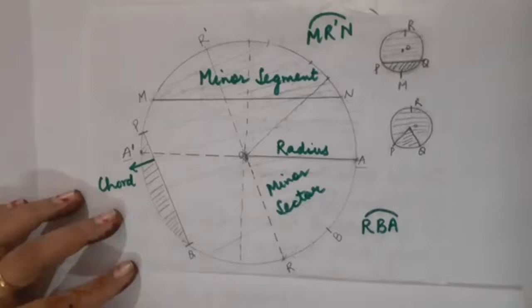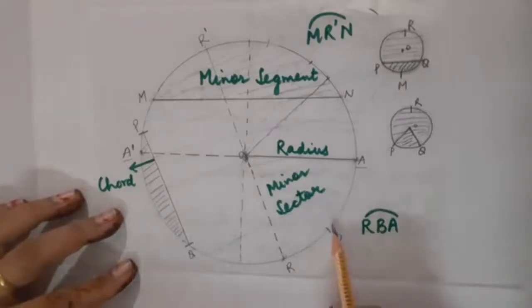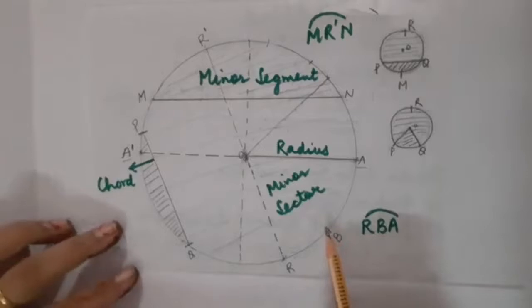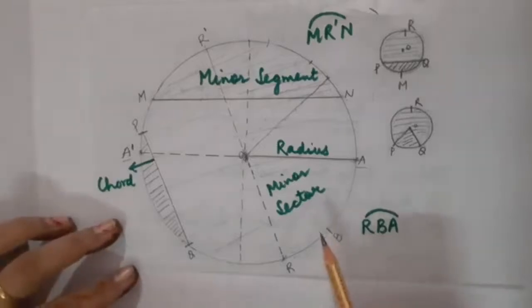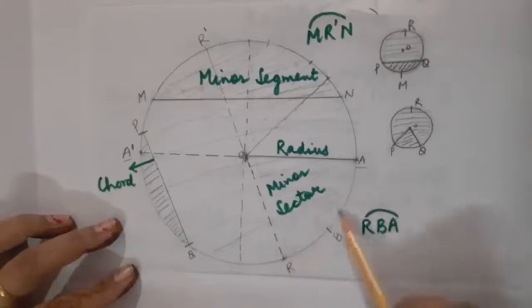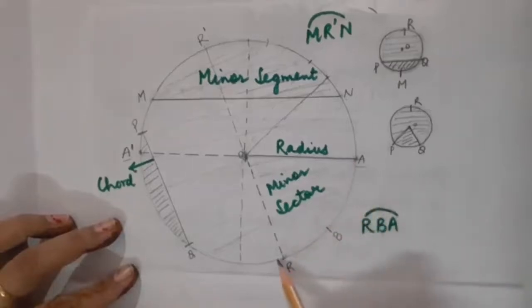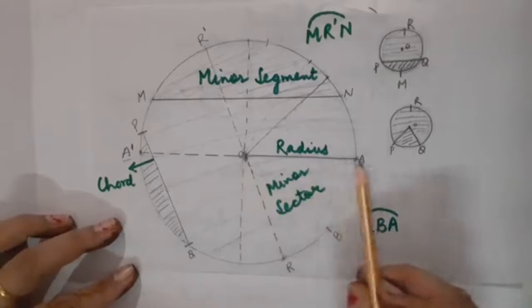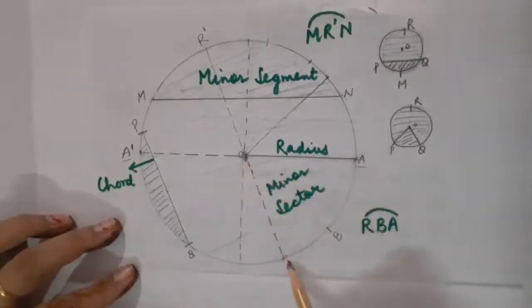Now children, our most important point is, what do you mean by sector? As I have just told you about minor and major arc, so definitely using the same arc we are going to draw the minor as well as major sector. Here children, you can see that RBA is a minor arc. Okay. So using this arc, I have just drawn a minor sector.